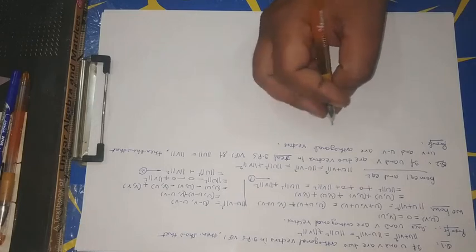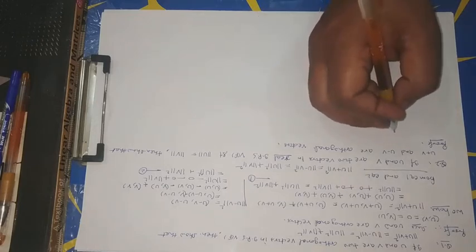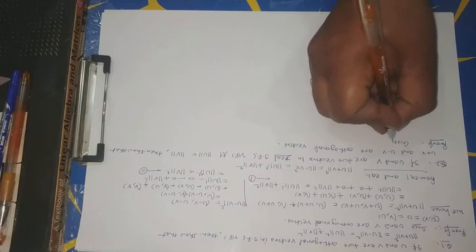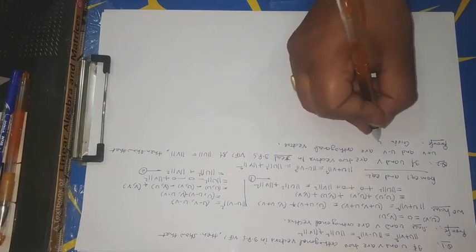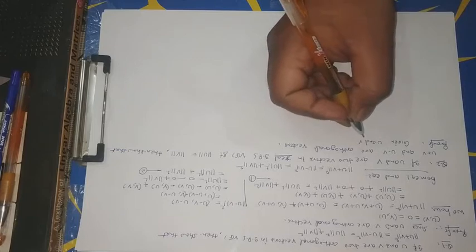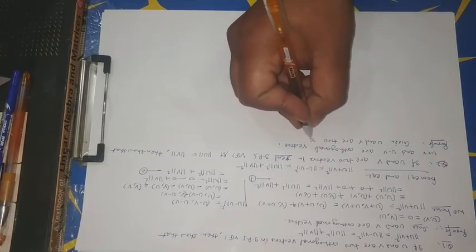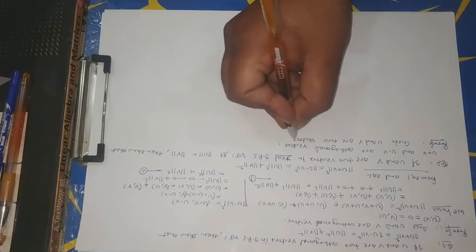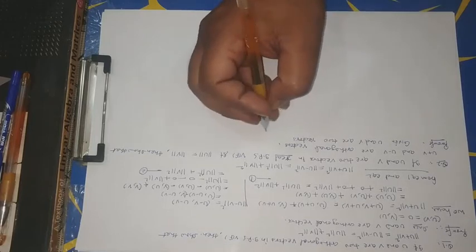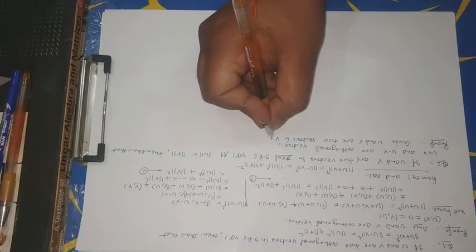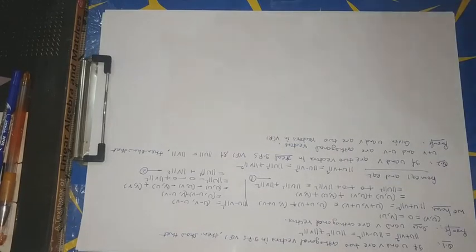Okay. Prove. Given that u and v are two vectors in V(R), that is, a real inner product space.